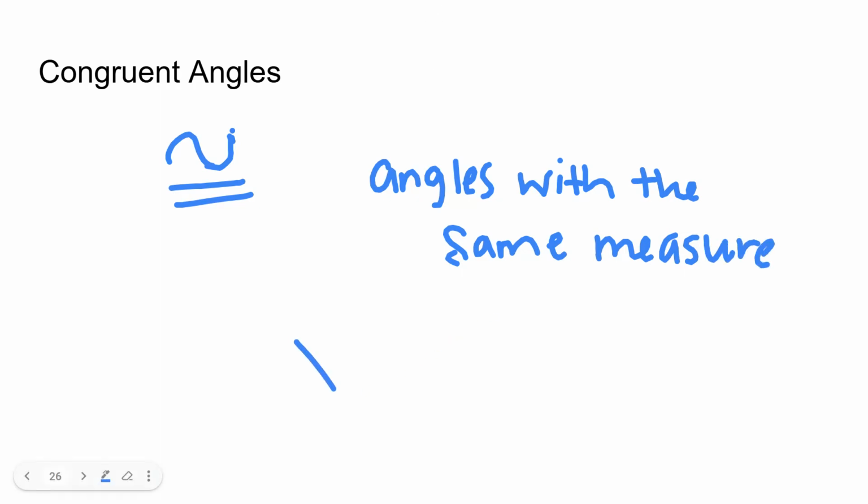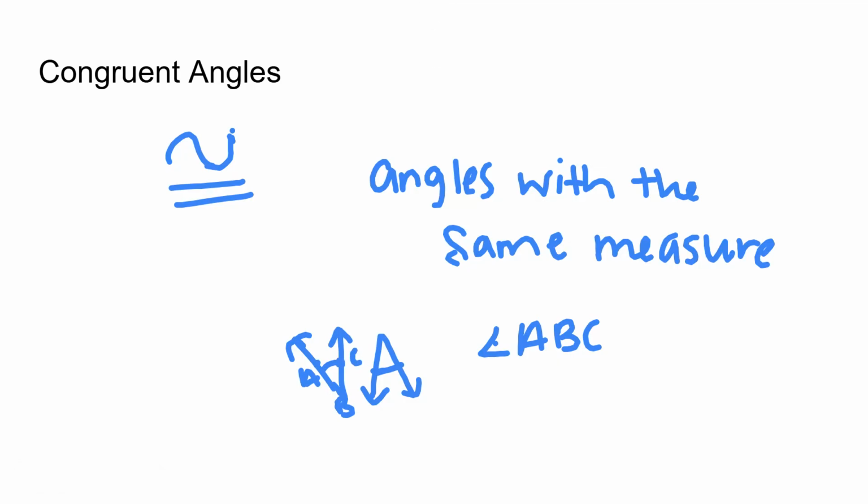So whether they're facing the same direction or not, if these two angles have the same measure, then the interior is measured the same. Then I would say angle ABC is congruent to angle DEF.